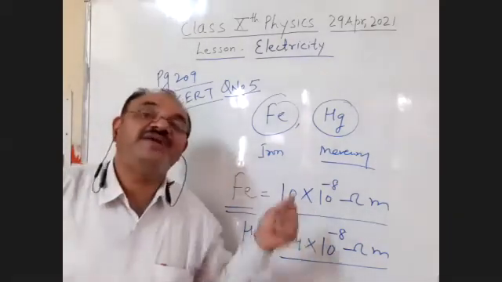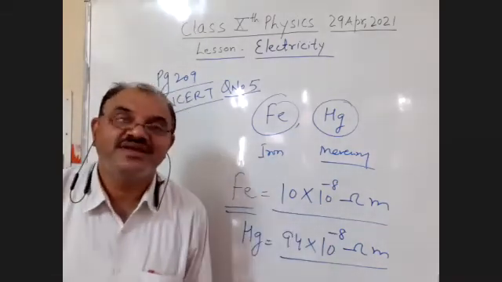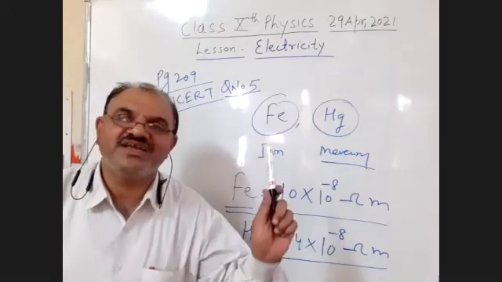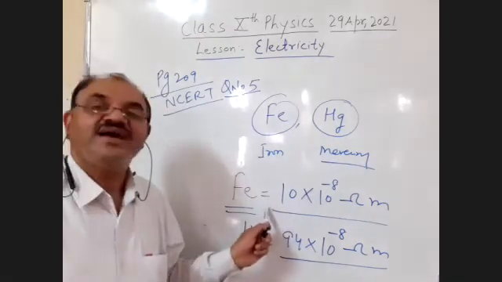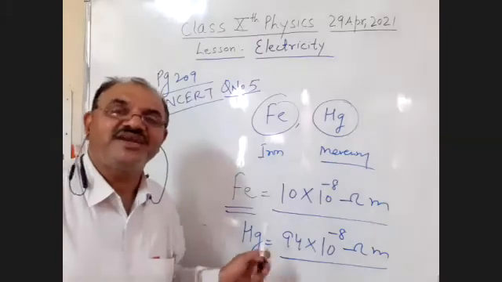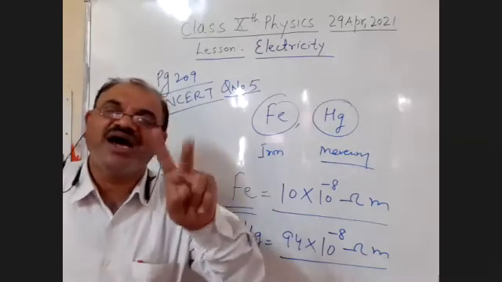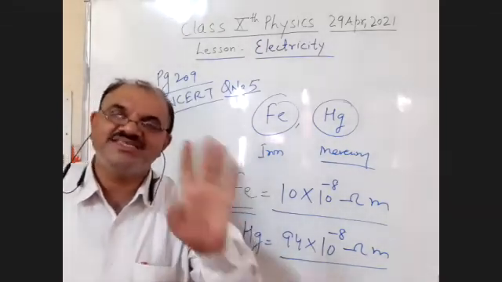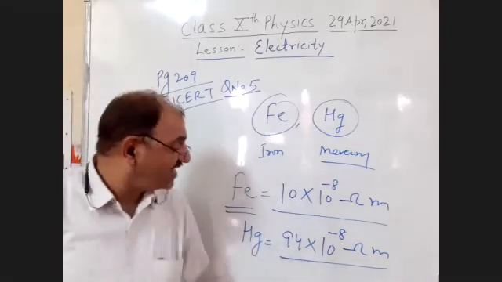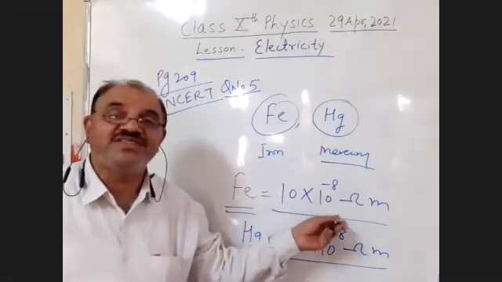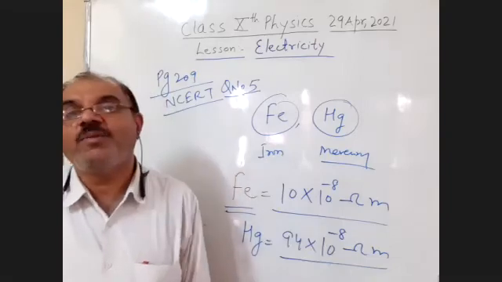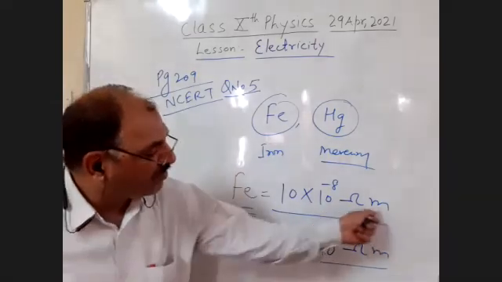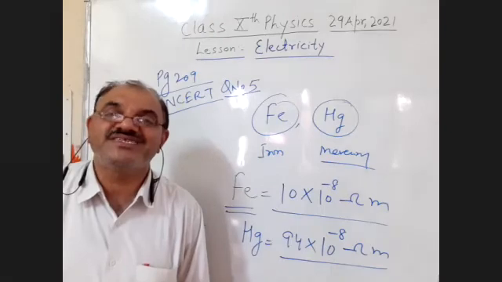I'll repeat: we are comparing two, iron and mercury. The resistivity of the iron is less. It is 10 into 10 raised to power minus 8 ohm meter. I have written here the ohm meter.